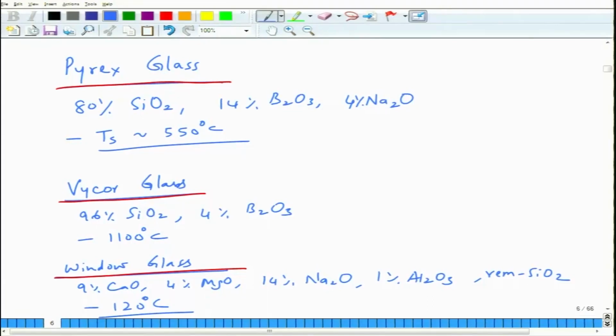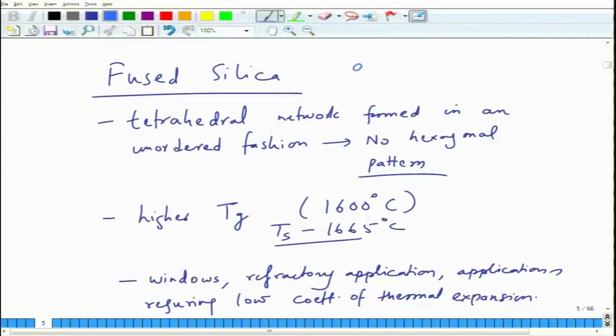And then of course you have fused silica, which I showed you earlier, which is essentially 99.8% SiO2. Okay. These are the non-crystalline structures that we have.